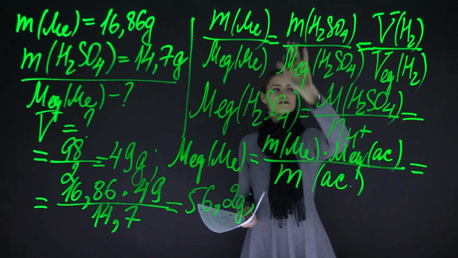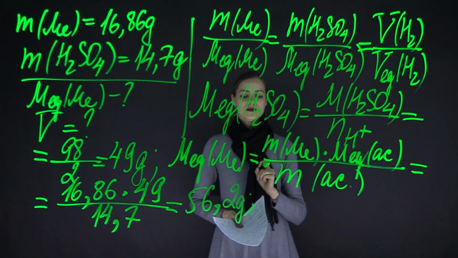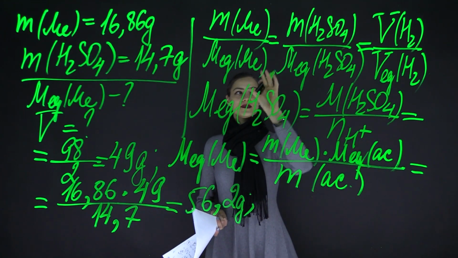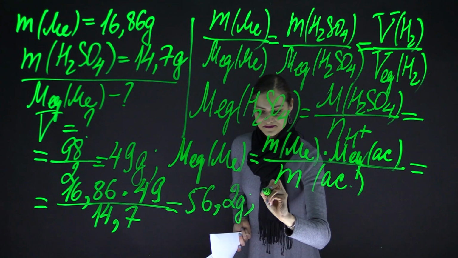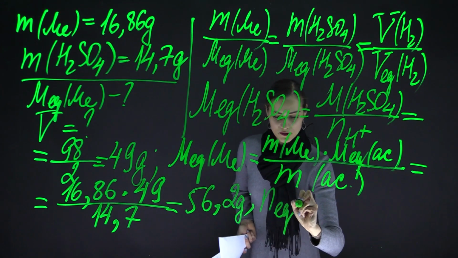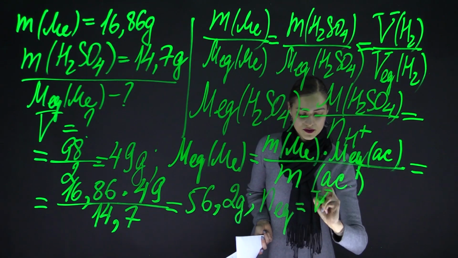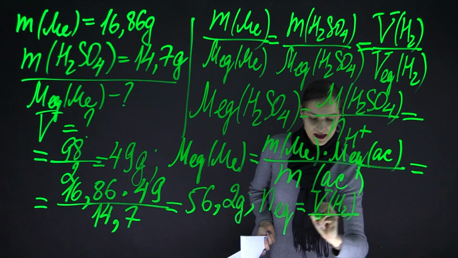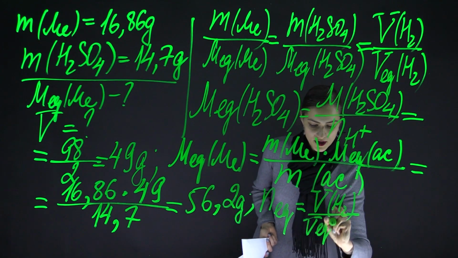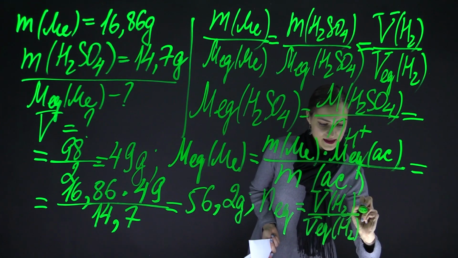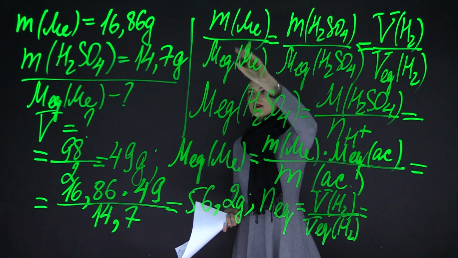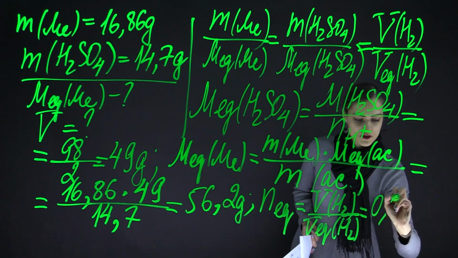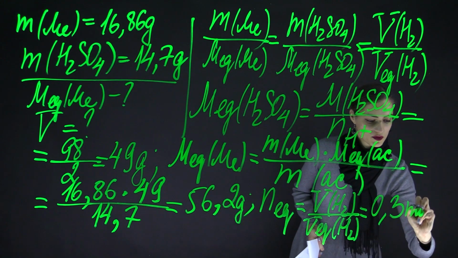We can use, of course, this mathematical equation, but you remember that this ratio gives us the number of equivalents, the ratio between the hydrogen volume in our reaction and the equivalent volume of hydrogen. And this ratio is already calculated, and it equals 0.3 mole equivalent.